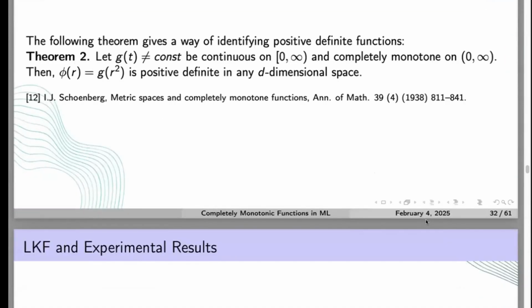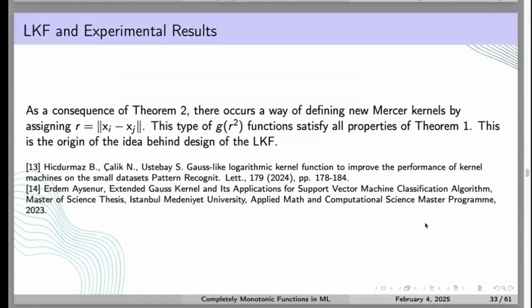As a consequence of theorem 2, there is a way of defining new Mercer kernels by assigning r equal to the norm of xi minus xj. This is a Gaussian-like kernel. And at first, I thought that it would work similarly to the Gauss function, but we will see together that the experimental results showed that this is better.